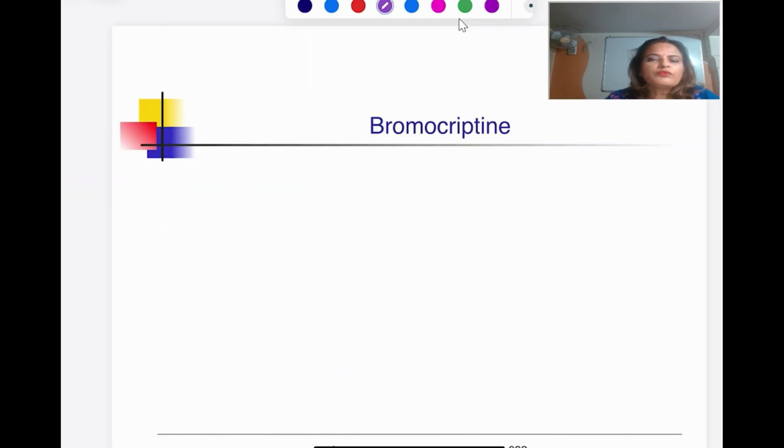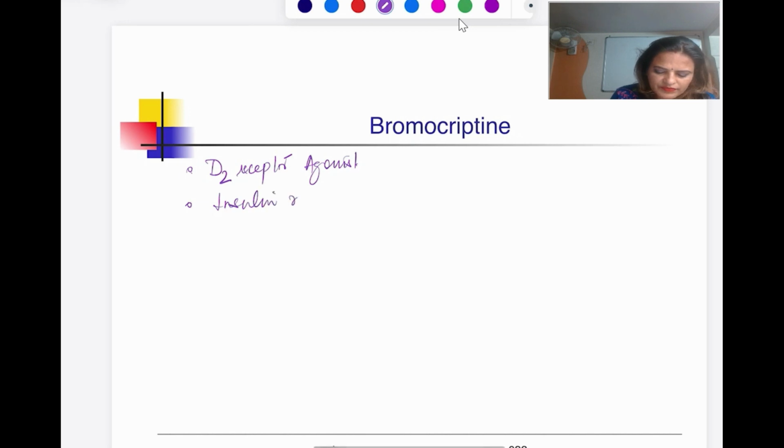Then another group of drug, the new one, is bromocriptine. What is bromocriptine? Bromocriptine is a D2 receptor agonist. Now how is this group of drug going to help in diabetes mellitus? They take care of the insulin resistance.